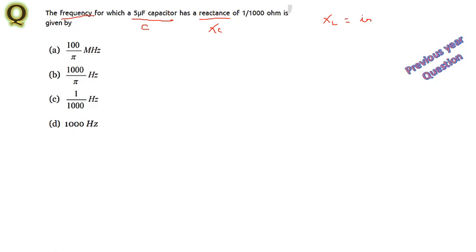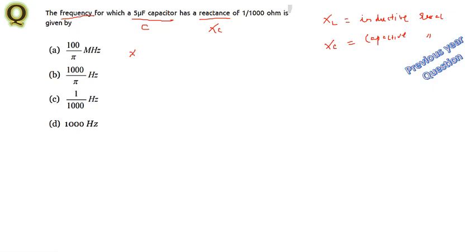The Xc value they have given is 1 by 1000 ohm, and they are asking about the frequency.